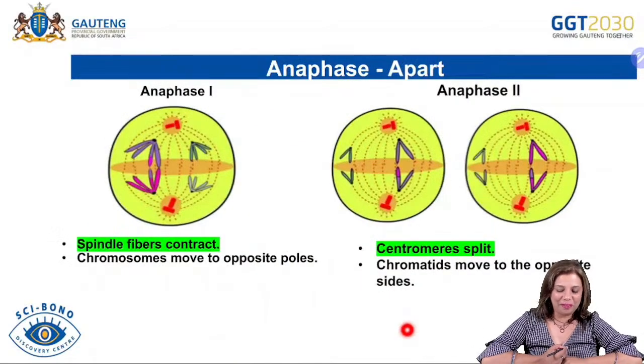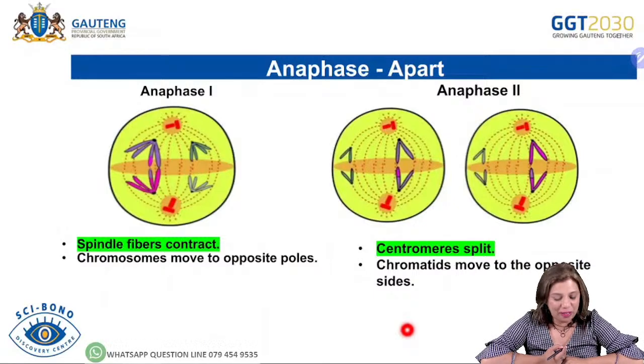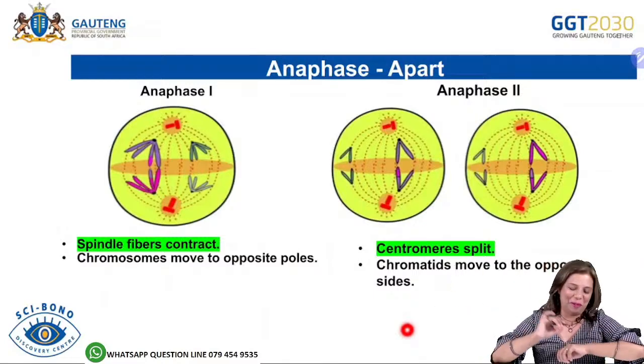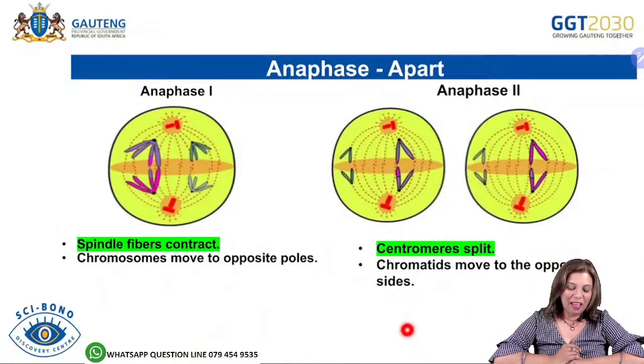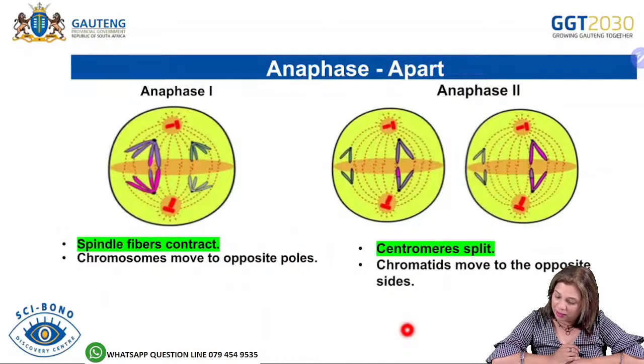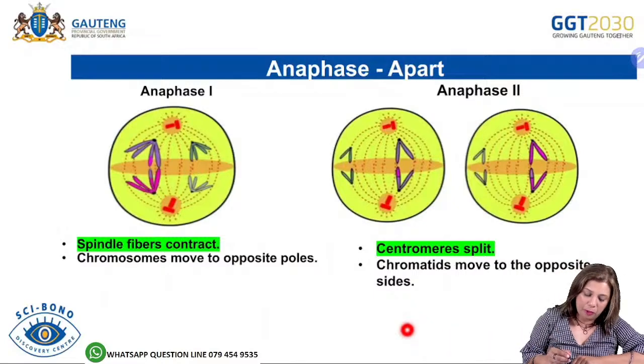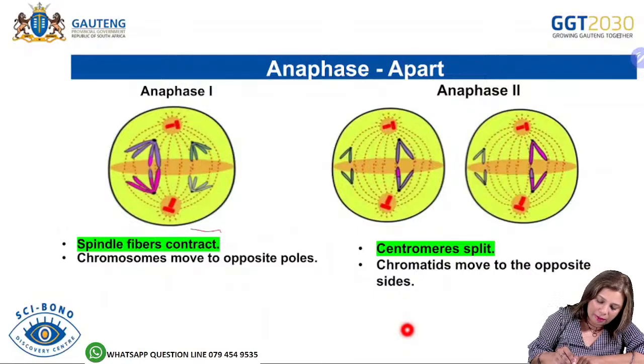I like anaphase. Anaphase, ana, apart, apart, apart, apart. It's like they're flying to the opposite ends of the poles. So let's see what's going on here. Now, what's very, very important with anaphase that you need to remember is the spindle fibers contract.